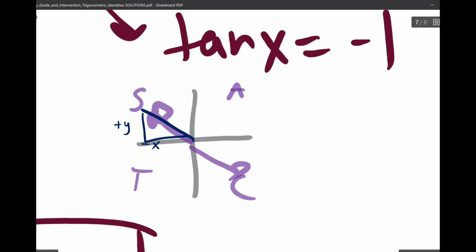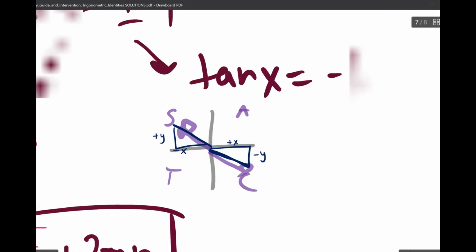So when I have sine over cosine, I'll have a positive sine and a negative cosine, so a total negative tangent. And then down here, I will have a negative y and a positive x. This corresponds to a negative sine and a positive cosine, and then we'll have a negative tangent. So also notice tangent is not listed as positive here.